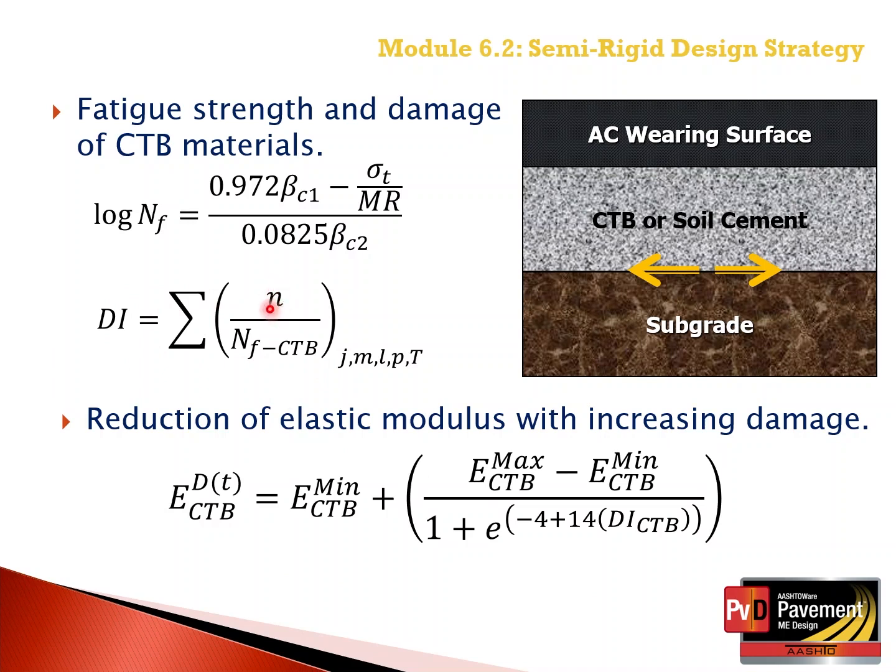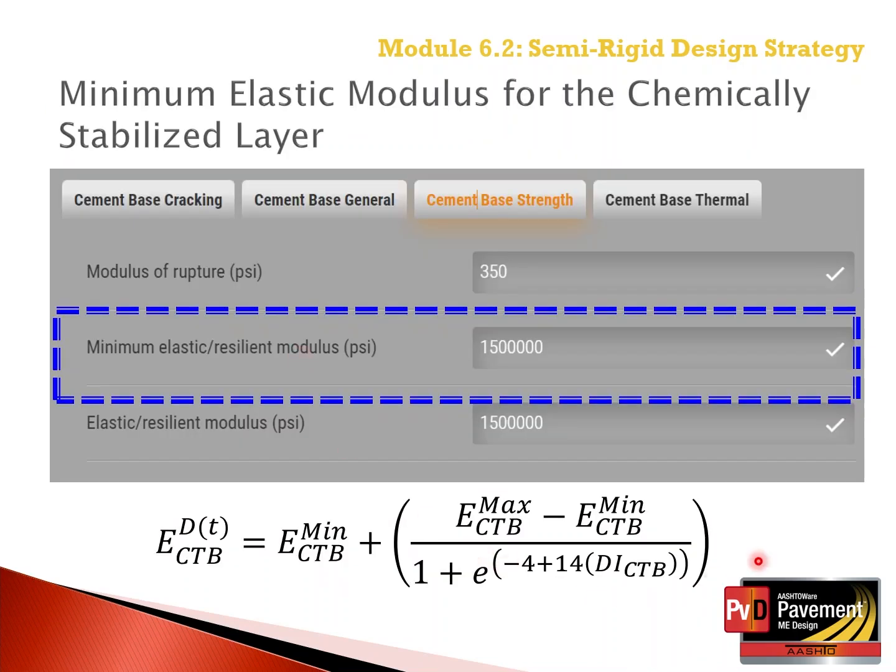In other words, the accumulation of damage defined by the actual number of load applications divided by the allowable number of load applications. So that was the definition or use of letting the modulus of the chemically stabilized layer decrease as damage accumulates.